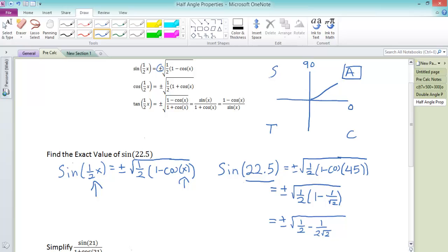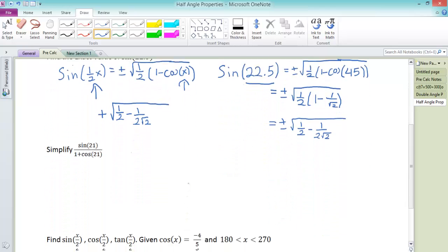And to reiterate, in the second quadrant, only sine, third tangent, and fourth cosine. In the first quadrant, all of them are positive, so that means I need to choose the positive one. So it's positive square root of 1/2 minus 1 over 2 root 2. And you guys don't need to write the positive sign, but if it is negative, be sure you do write the negative. The positive would just have been understood.